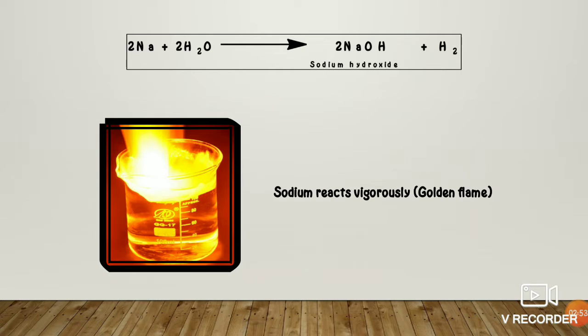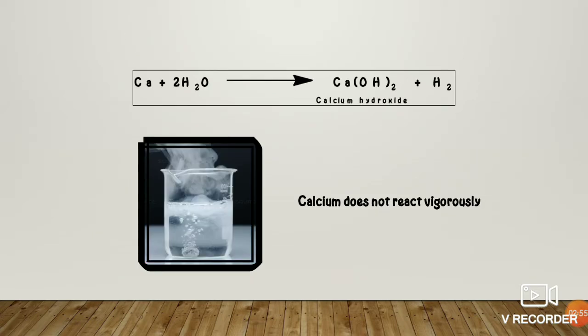Similarly, in case of calcium with water, you see bubbles of gas forming which can be collected. The reaction is not at all vigorous like in case of sodium and potassium, but it also forms the corresponding hydroxide, that is calcium hydroxide and hydrogen gas.